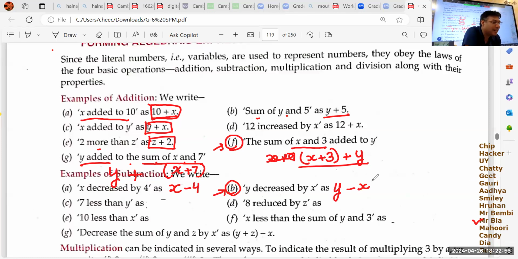Again, it is English. The mathematics, only y and x, you understood. Why did it happen? Because I am decreasing y by x, so you subtract x from y. Understood? C part, D part, everyone give the answer in the chat.